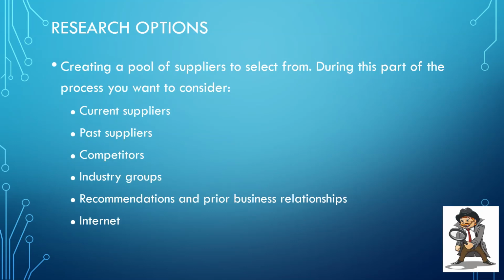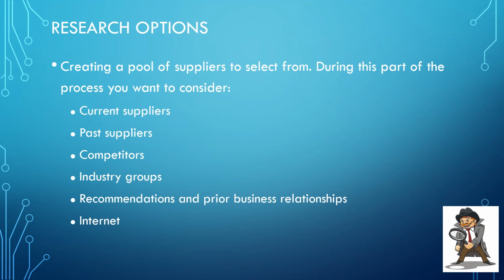Once you have the selection criteria in place, you must create the pool from which you will select a supplier. During this part of the process, you will want to consider the current supplier, because already you have current suppliers, so starting with the suppliers you have experience with and established relationships is generally a good idea.